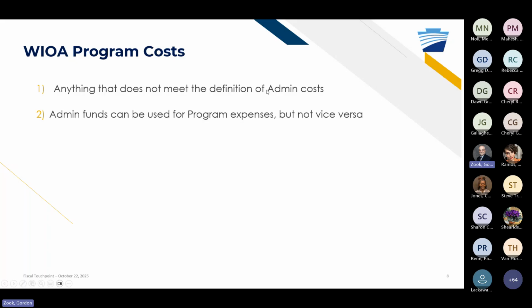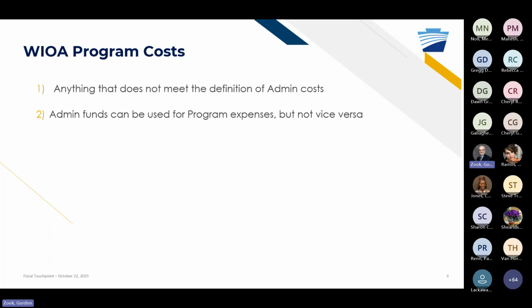The distinction is important because, as you know, you're limited to 10% of your award for administrative costs. So if things are legitimately program costs, you don't want to be counting them as administrative costs. The other thing to remember is that you can use administrative funds for program expenses. So if you don't have administrative costs that total 10% of your awards, that's not a problem.